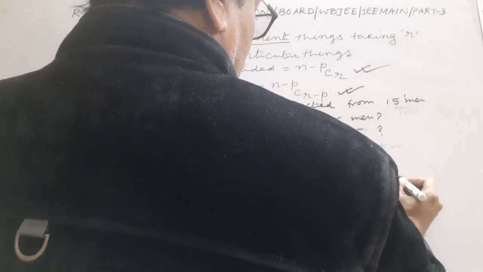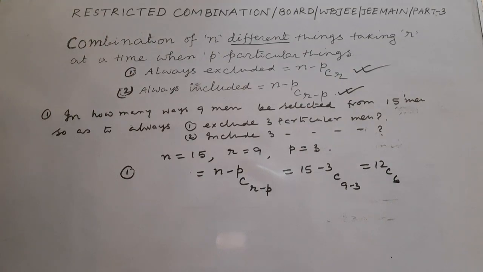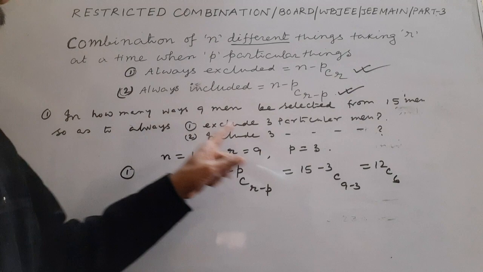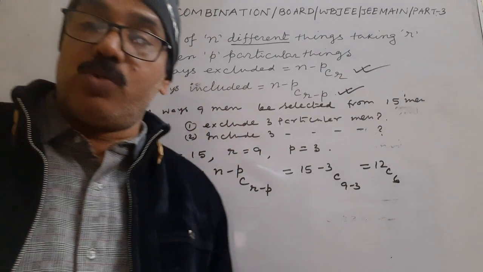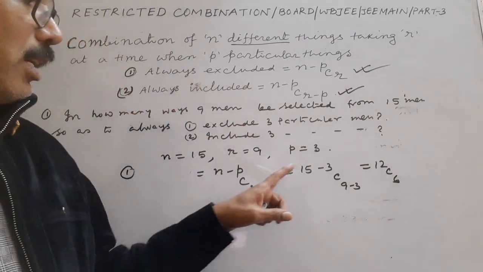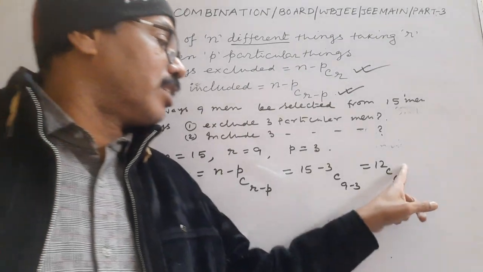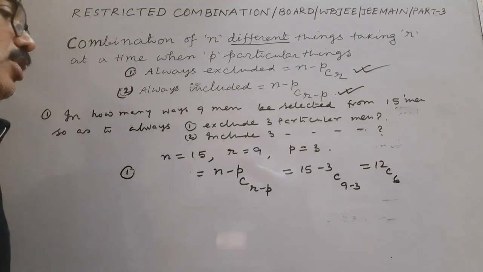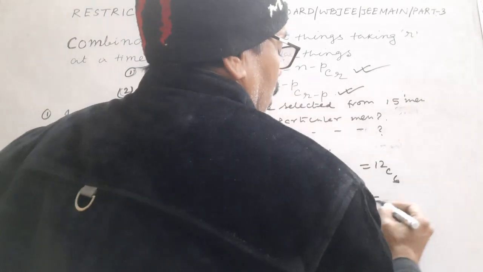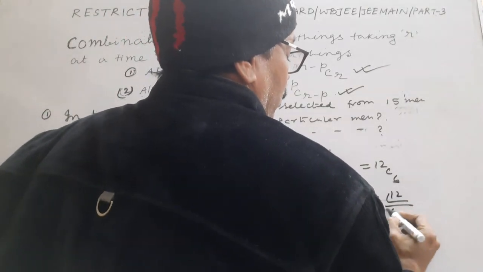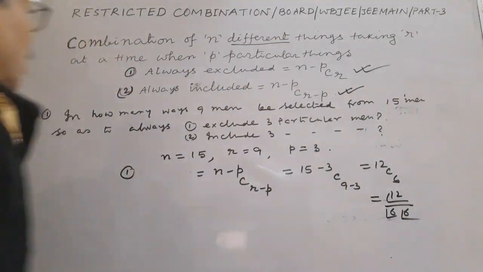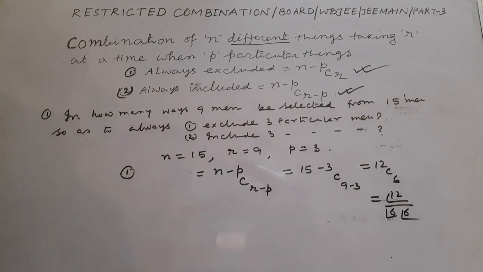So, 12 C 6. Including 3 particular things at first, 3 are already selected, so we have to select 6 things from the remaining 12 things. So, the answer is 12 C 6. So, this is factorial 12 by factorial 6 into factorial 6. So, expanding, we get a result.